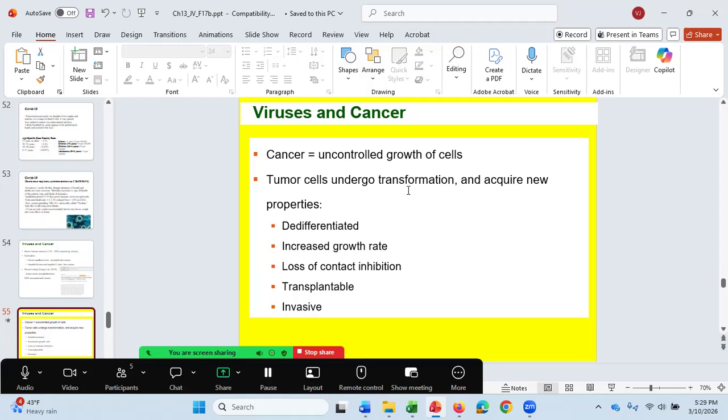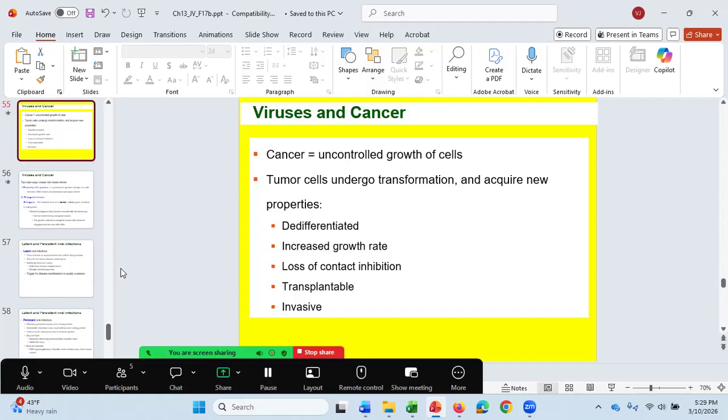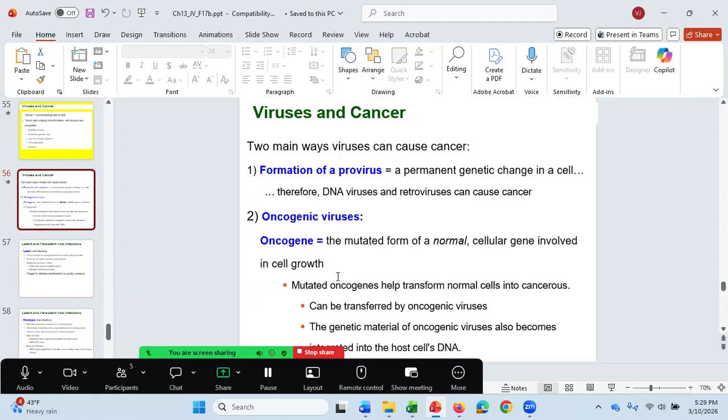Cancer is simply uncontrolled growth. The cells acquire new properties and essentially they divide uncontrollably. Viruses appear to cause cancer in two ways. First, you can have a formation of a provirus.